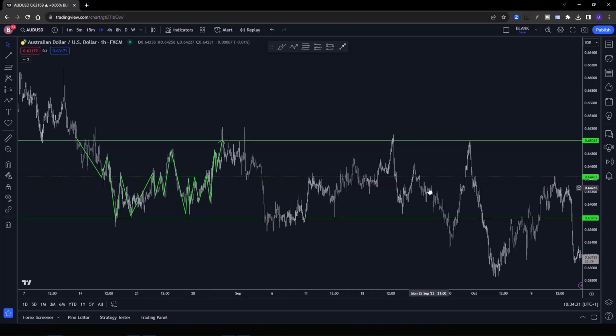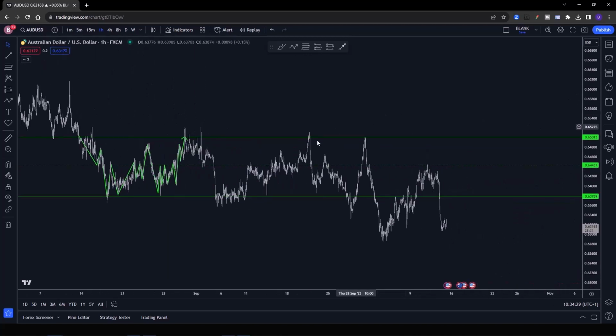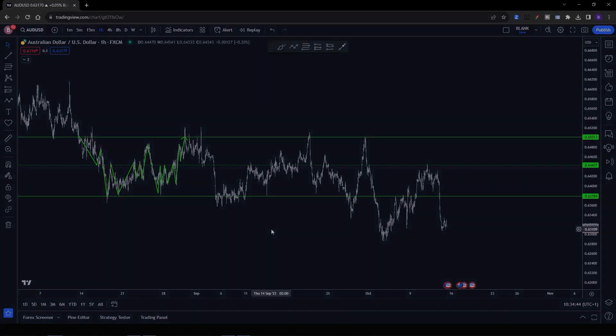The market structure will never be a textbook example, okay? So you just have to sort of zoom out and see the bigger picture. Is it still within this range, or has it broken out and is it going to continue? Don't get too wound up on the little intricate moves and the little false breaks that sort of occur. You want to look at the overall market structure to find out what's happening.